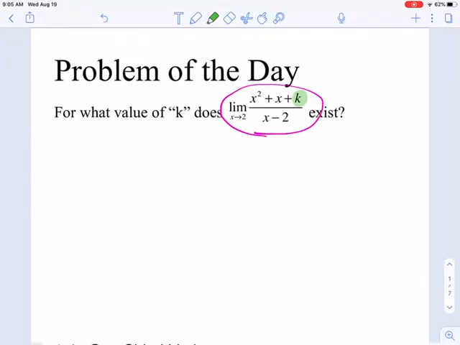And notice how there is a K. I want to know what would K need to be in order for this limit to exist. So in your notes or your homework somewhere, go ahead and try to figure this out.